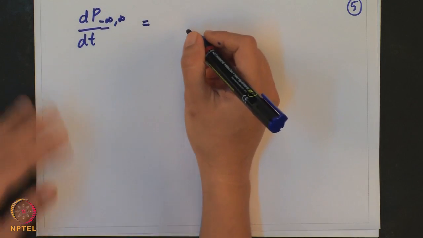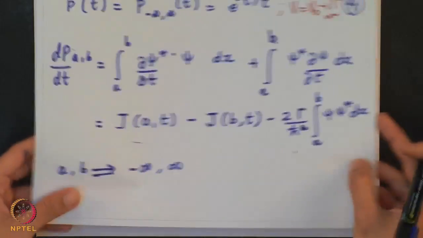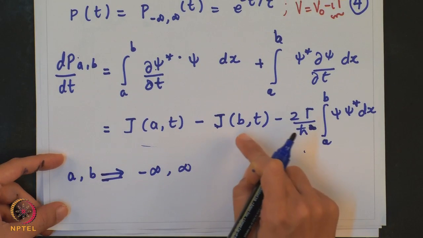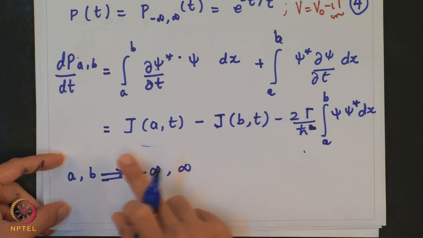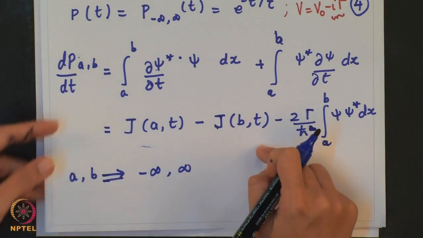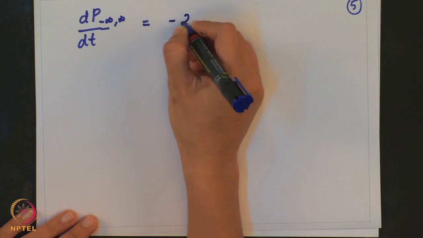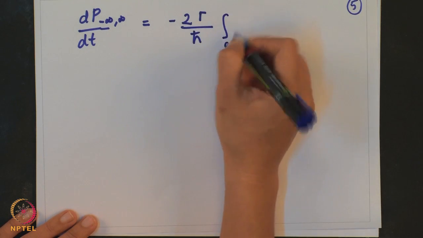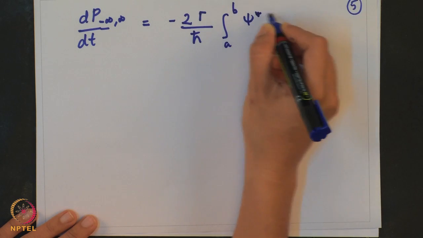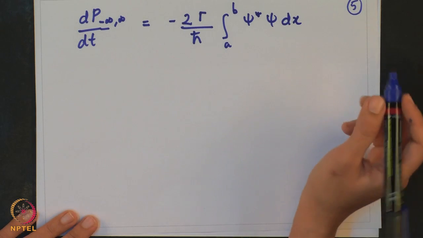As you all know, at minus infinity and plus infinity, the current density will be 0 because the wave function vanishes there. So, you will be left with 2 gamma by h cross times the integral of psi star psi dx.